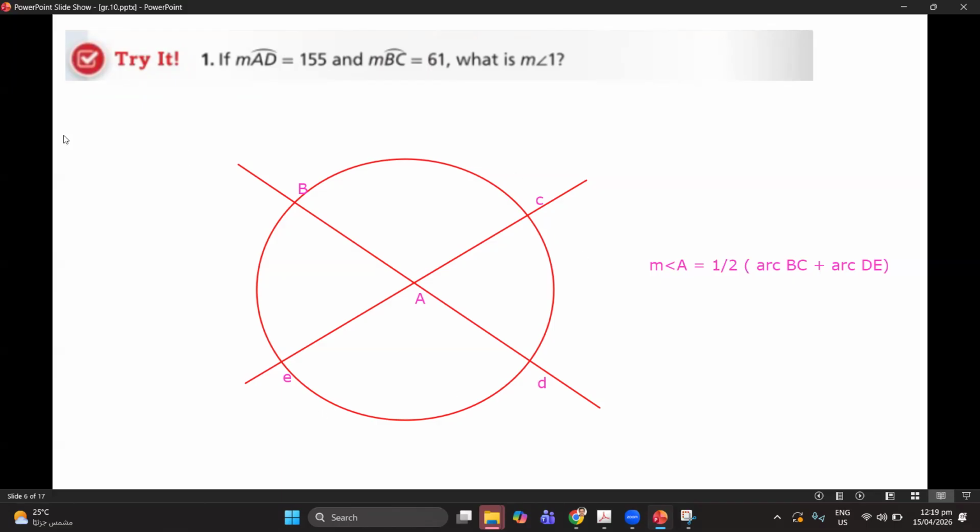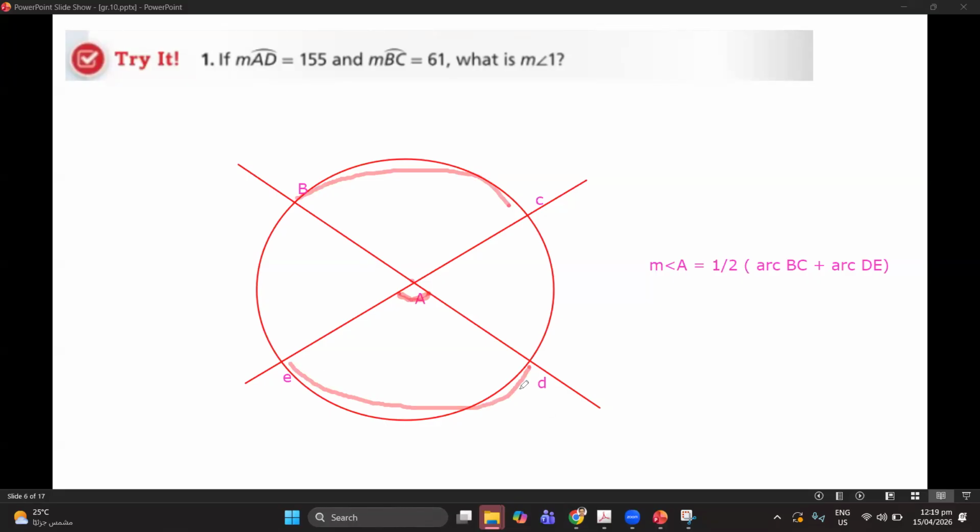So let's repeat it here. If I wanted to find the measure of angle A, it comes from intersecting two secants. These two secants are BD and CE. The two arcs opposite to angle A are BC and DE.